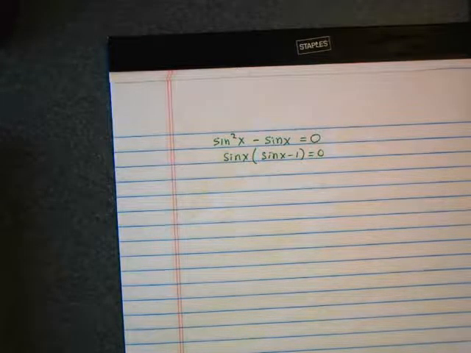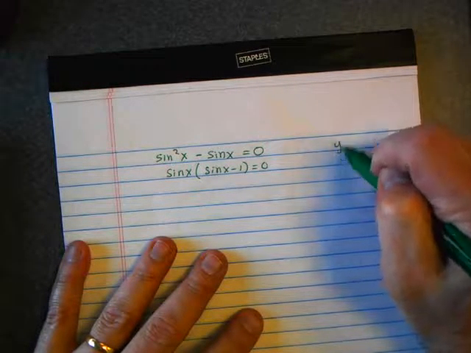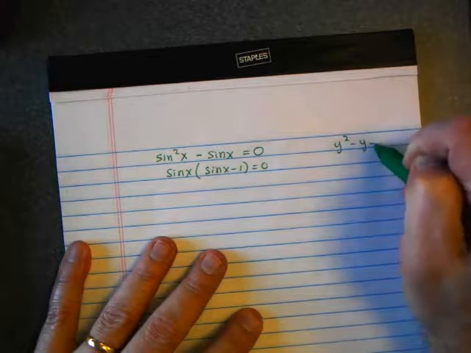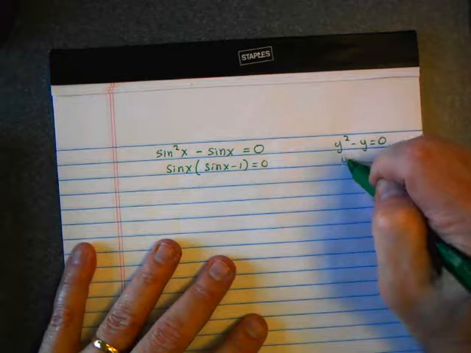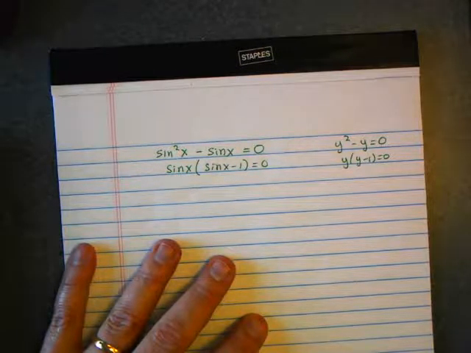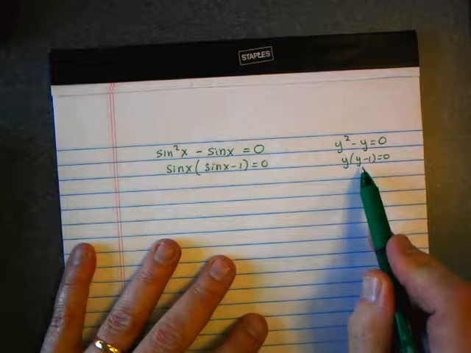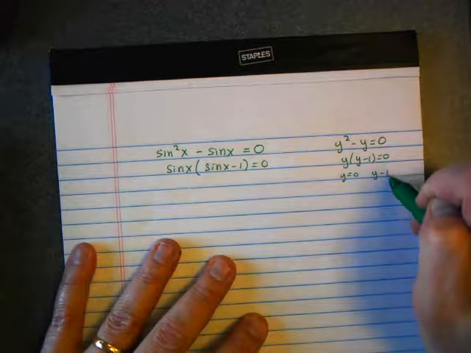Well, what can you do once you factor? Let's start with an easier equation. If I gave you y squared minus y equals 0, you would factor. And then what would you do after you factor? You would set each piece equal to 0. That's correct.